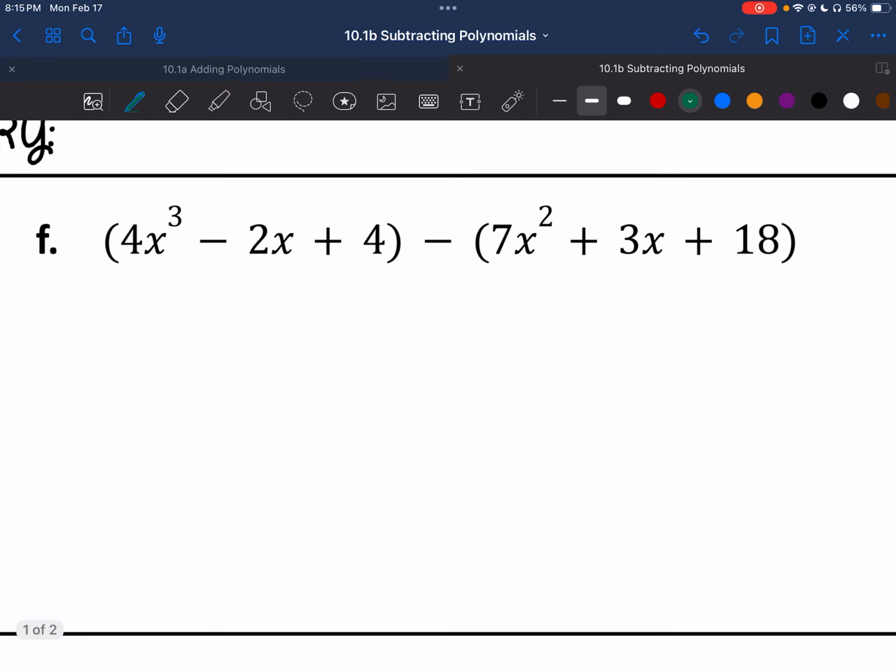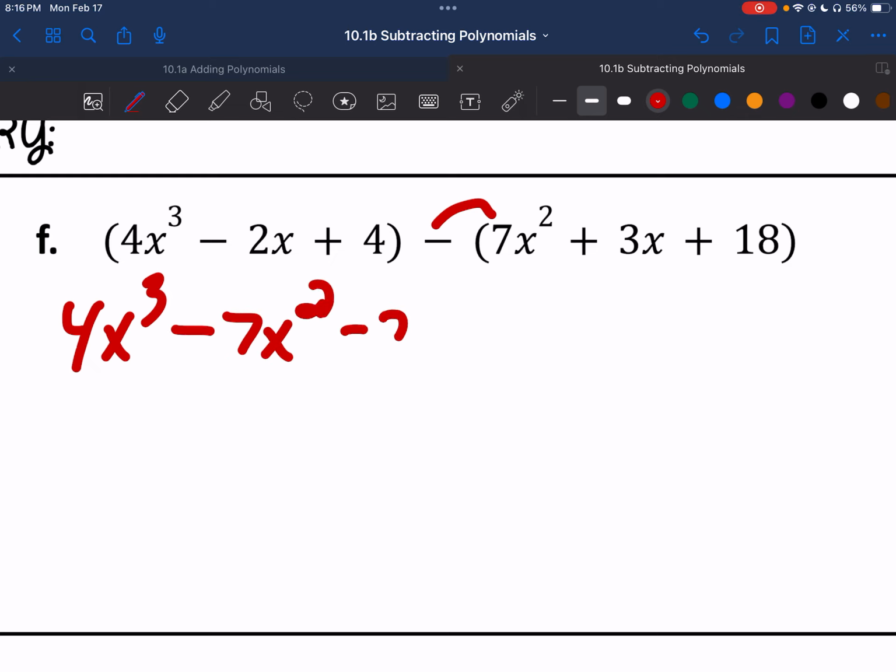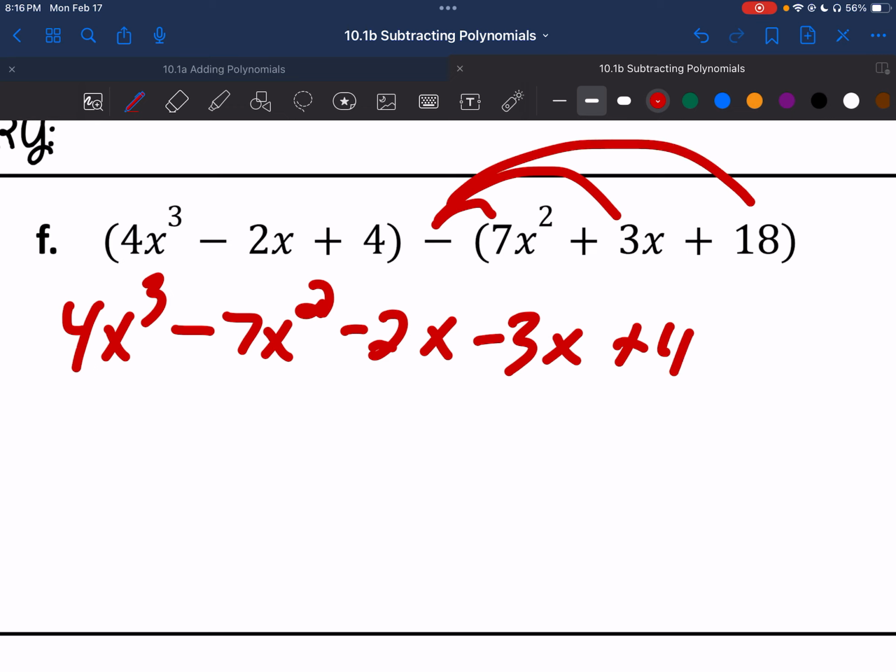All right, we're going to do horizontal method on letter F. We have 4x cubed. There's nothing else there. The squared term, so we're going to do minus 7x squared. And then we have minus 2x minus 3x plus 4 minus 18.